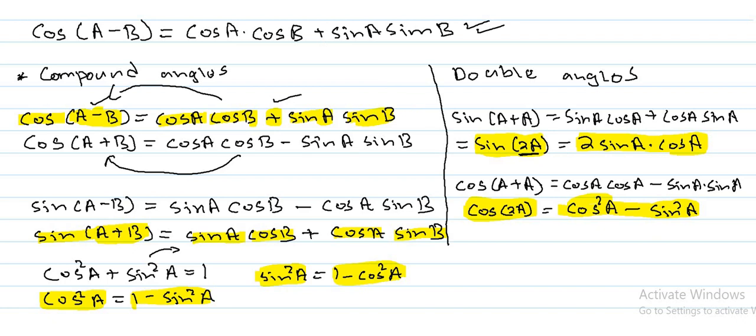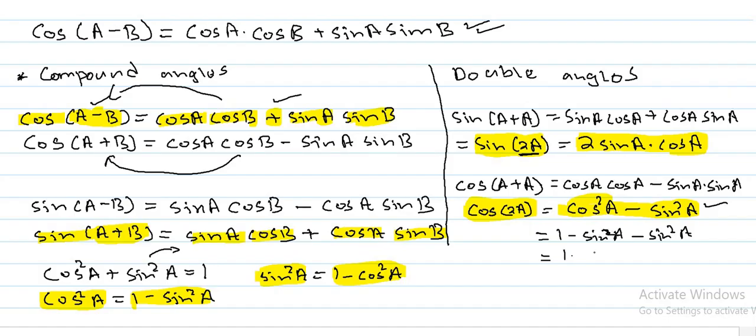So from our double angle of cos, where I see cos squared A, I will say this is the same as 1 minus sine squared A, minus sine squared A. Combining like terms, this is 1 minus 2 sine squared A. So another double angle of cos can be written as cos 2A equals 1 minus 2 sine squared A.